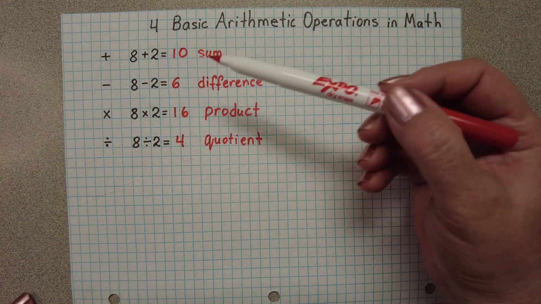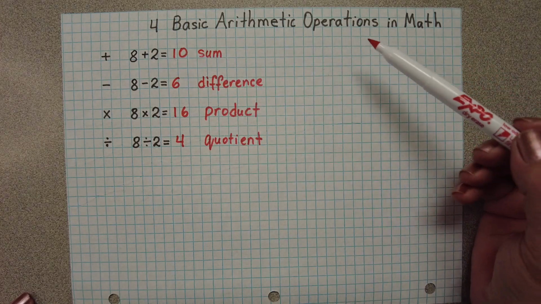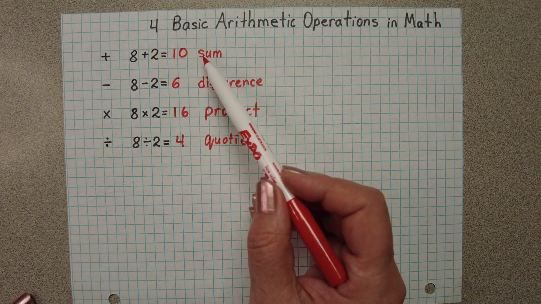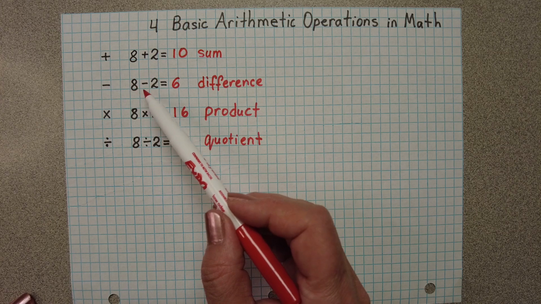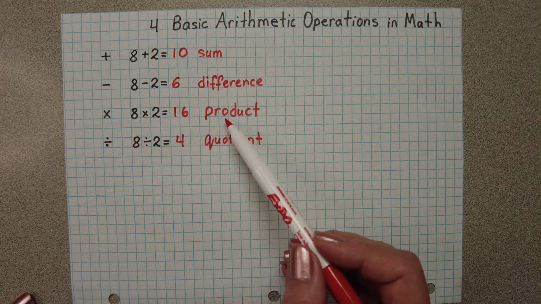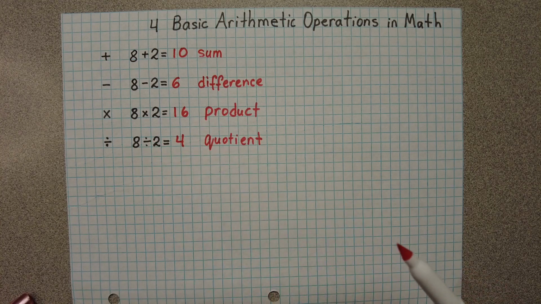Now you know all answers for basic arithmetic operations in math. So for addition, we call it sum. For subtraction, we call it difference. For multiplication, we call it product. For division, we call it quotient.